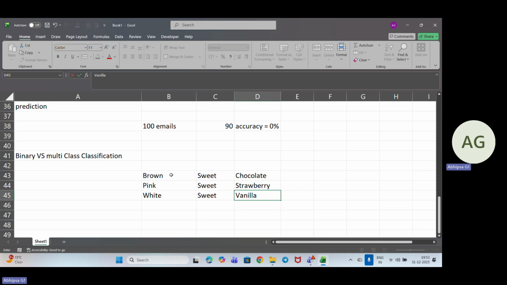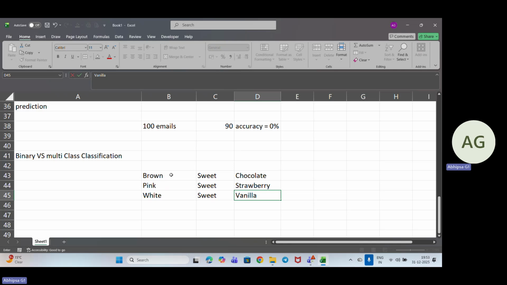So multi-class classification. Okay, the key difference between binary and multi-class is that binary contains two groups and multi-class has more than two groups. Binary generally has examples like yes, no, pass, fail, spam, not spam. But in multi-class we have many choices, like the flavors of ice cream, different grades, different animal types.